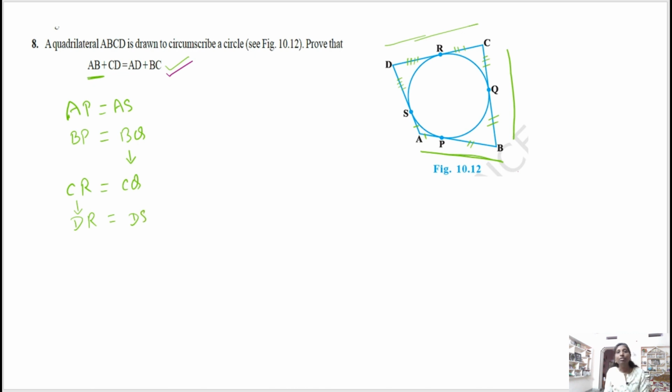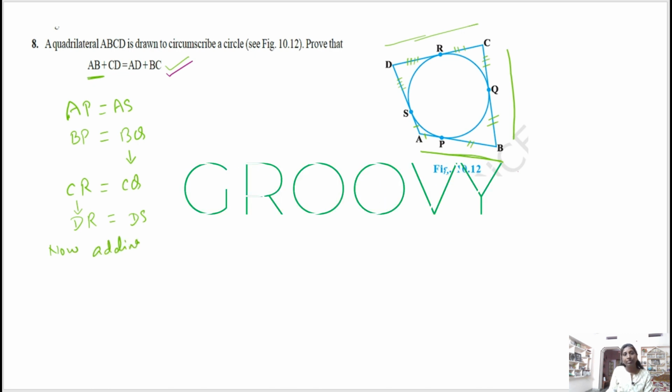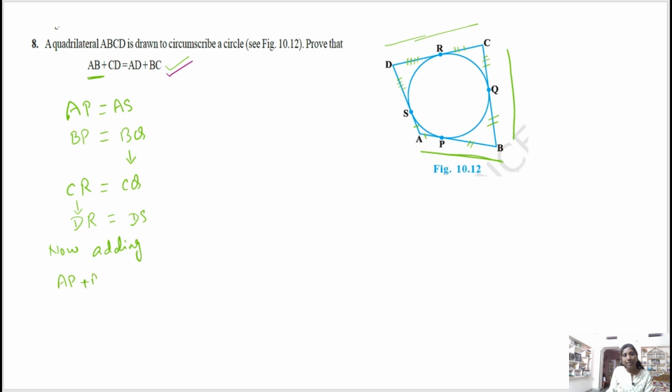Okay, now we will add all these equations. Adding, what will we get? AP plus BP plus CR plus DR on the left hand side is equal to, now add all the right hand sides, AS plus BQ plus CQ plus DS.